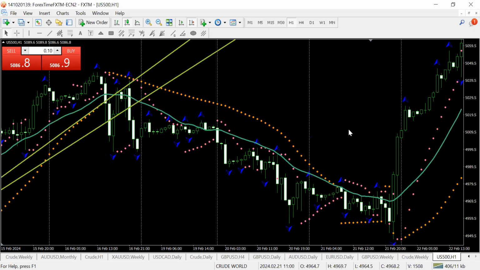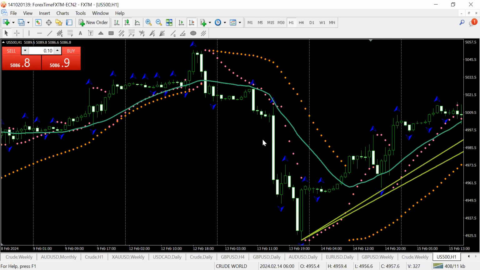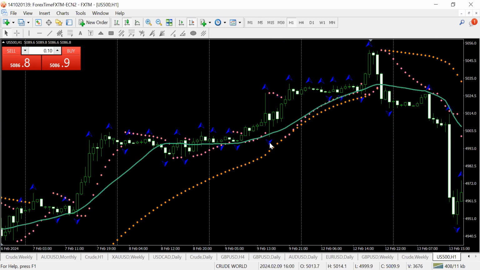We're going to use the S&P 500 as our reference, after which we'll go back and also look at crude oil and see how the system works. If you look at the screen, you will discover we have two indicators: the parabolic SAR of a higher time value and the parabolic SAR of a lower time value.